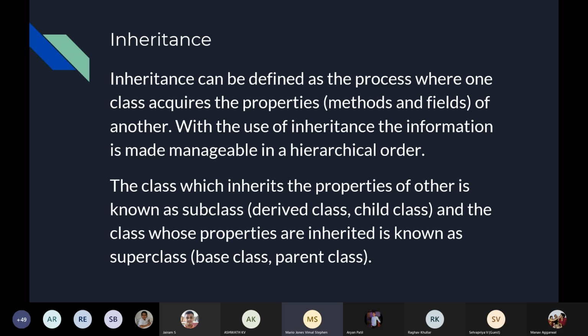With the use of inheritance, the information is more manageable in a hierarchical order. The class which inherits the properties of another class is known as a subclass, derived class, or child class. And the class whose properties are inherited, in the previous case the outer class, is known as a superclass, base class, or parent class.